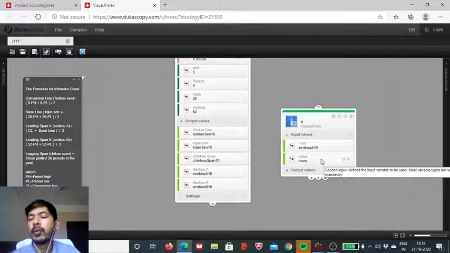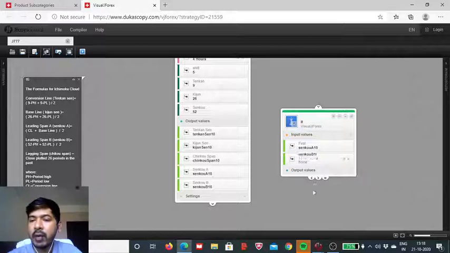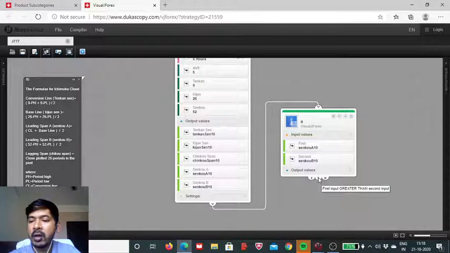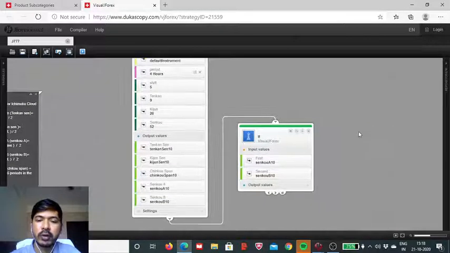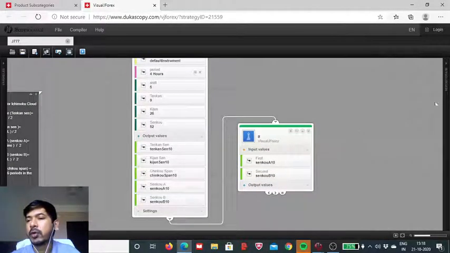Suppose if we want to buy when the Senkou A is above the Senkou B, all we have to do is initiate this setup and then join the blocks, and it will carry on using this output value if the first input is greater than second input. You can also set the calculations using the calculation blocks which are provided on the platform.